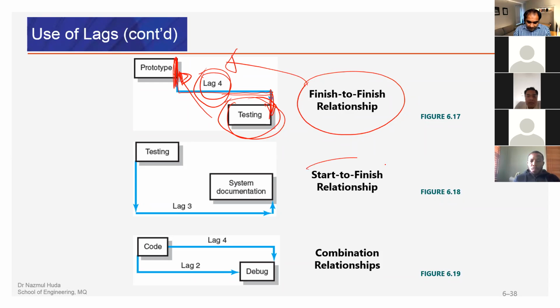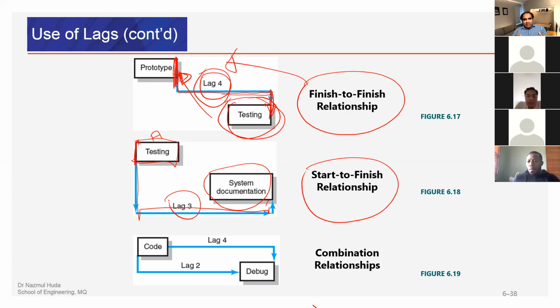Start to finish. Once activity A, say for example, this is activity A, which is testing. Once testing starts, the system documentation must be finished within 3 days.